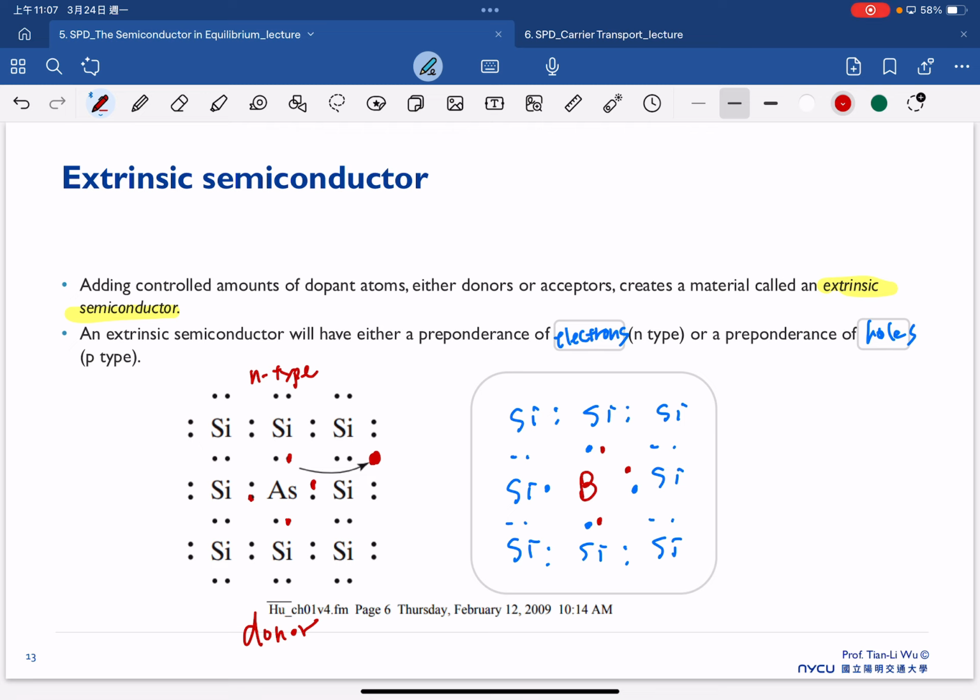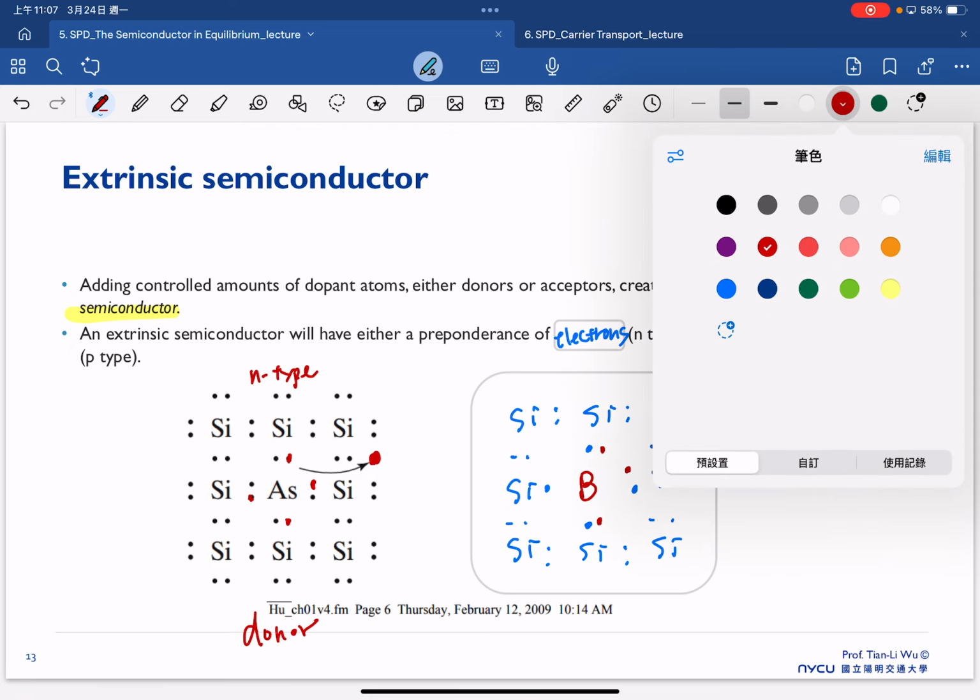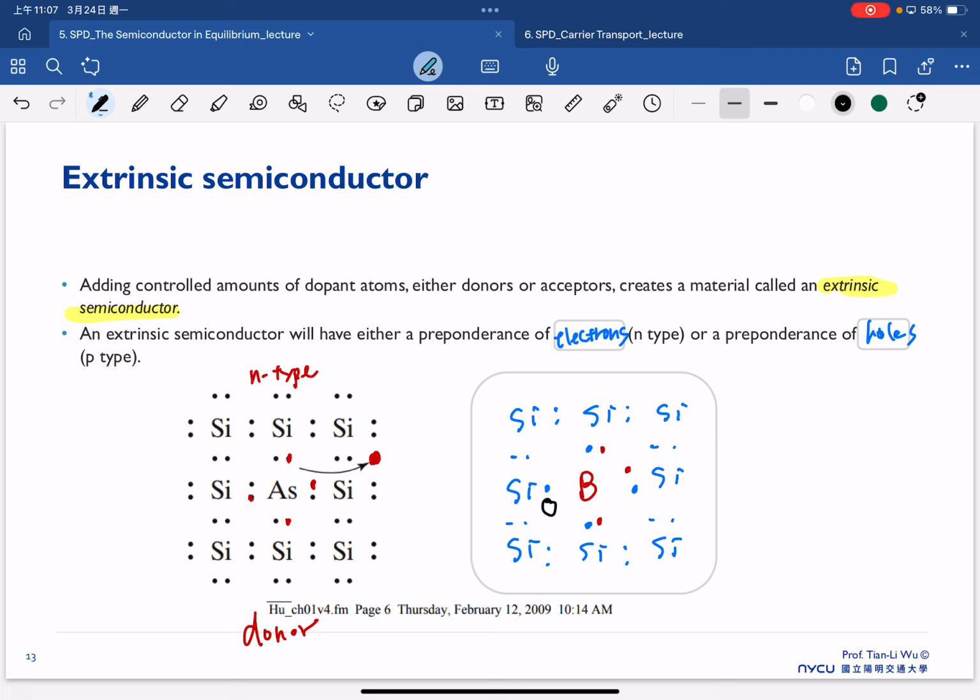But now we have the empty space here. This empty space allows electrons to flow here. But it also suggests that this is empty, which we call the holes, which will be the opposite behavior compared to electrons. So in this case, we consider it as the holes here.